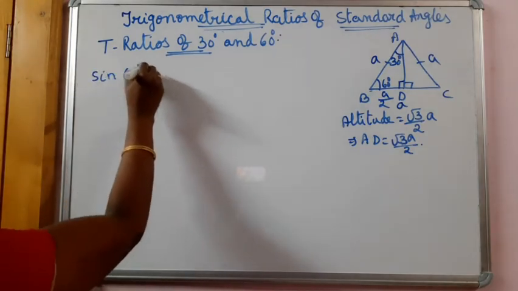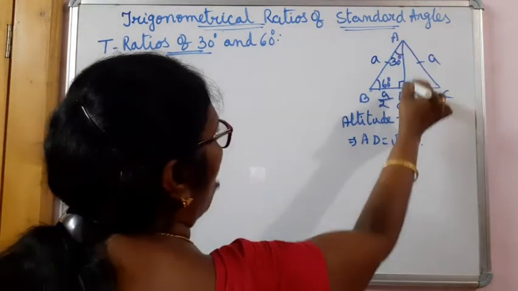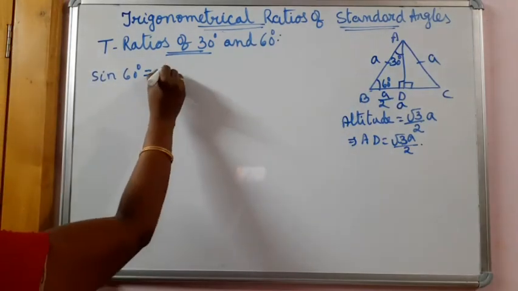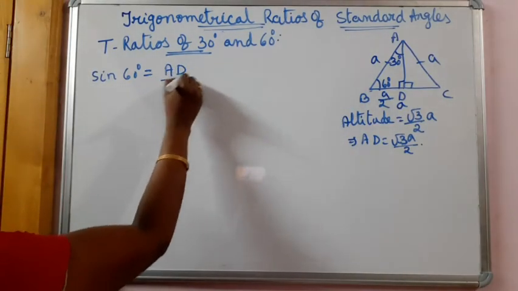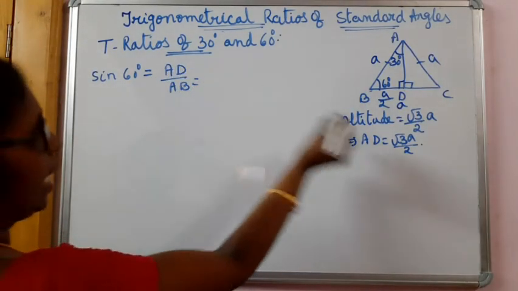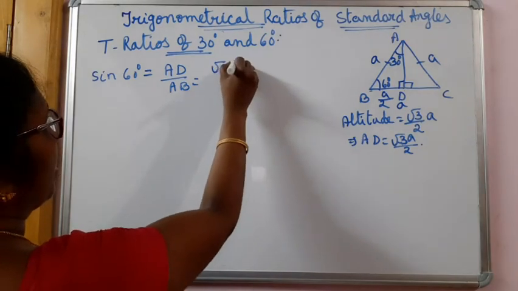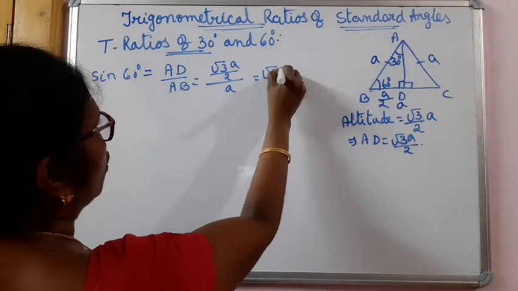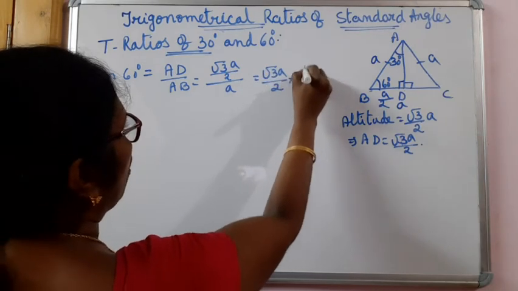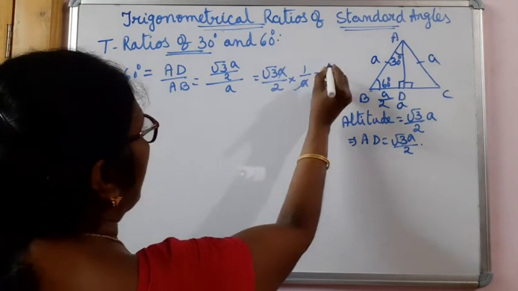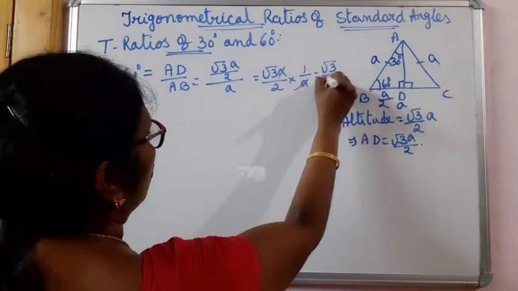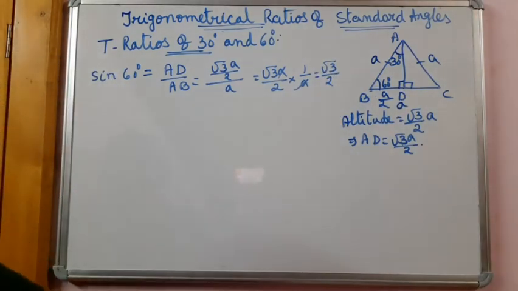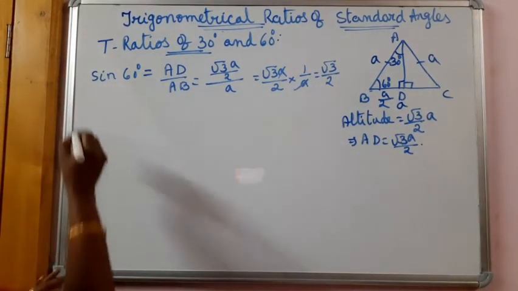So sine 60 degrees is equal to opposite side by hypotenuse, that is AD by AB. AD we got as root 3A by 2 and AB is A. So we get root 3A by 2 into 1 by A. When A is cancelled, we get root 3 by 2. So sine 60 degrees is root 3 by 2.